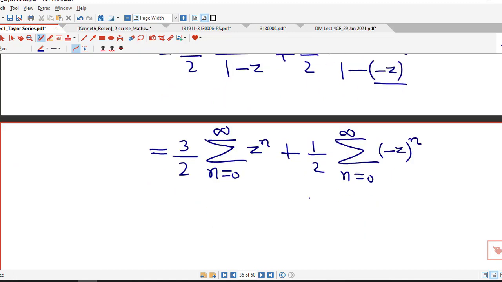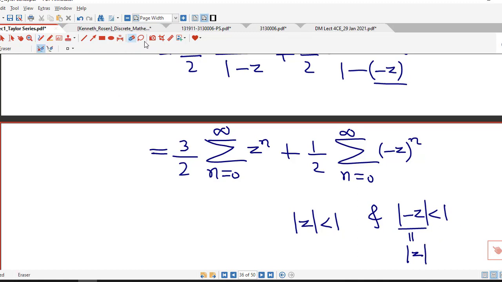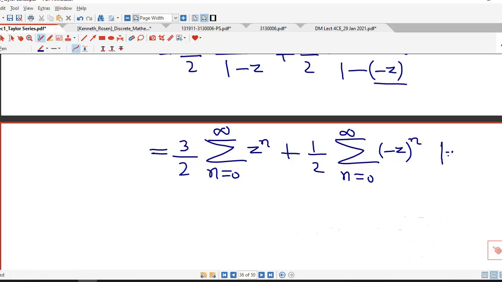Now the first series is valid if the absolute value of z is less than 1, and the second series is valid if the absolute value of minus z is less than 1. But we know that the absolute value of minus z is nothing but the absolute value of z. Both are always equal. So both the series in the summation are valid if the absolute value of z is less than 1.